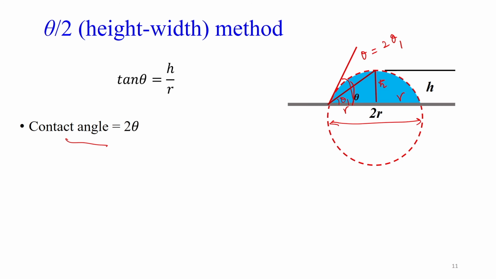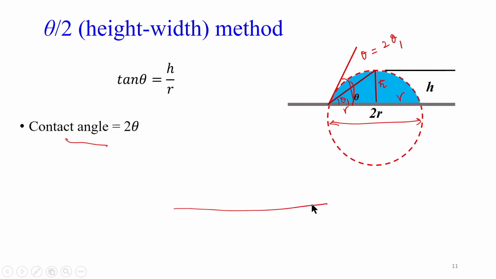But we should be careful when we are recording the image or the shape. It should be recorded at equilibrium if you want to measure the static contact angle, otherwise it varies like this with time, and then it reaches equilibrium.